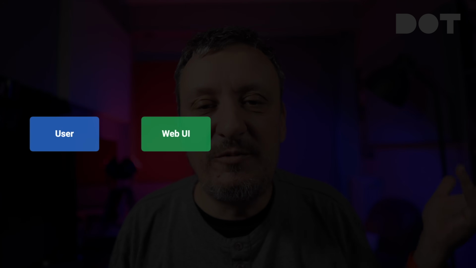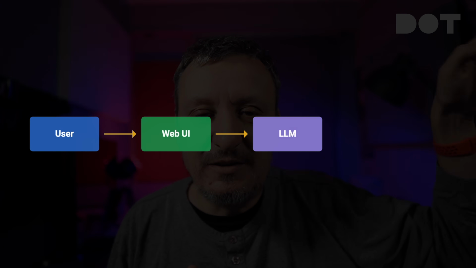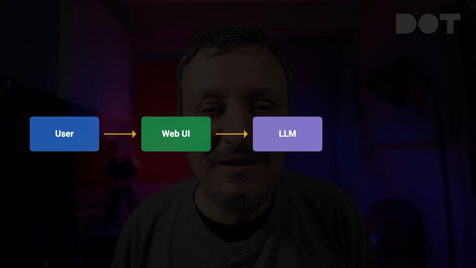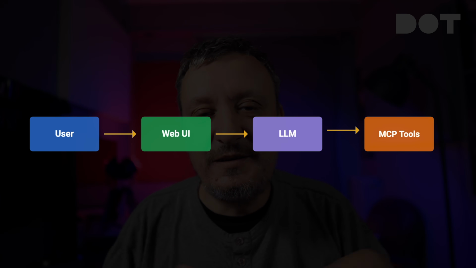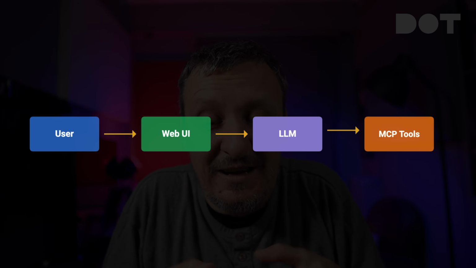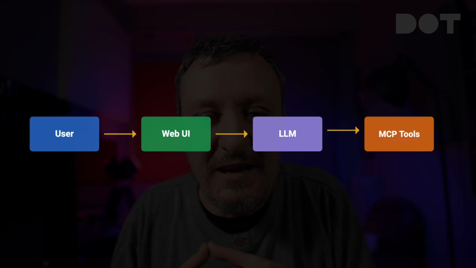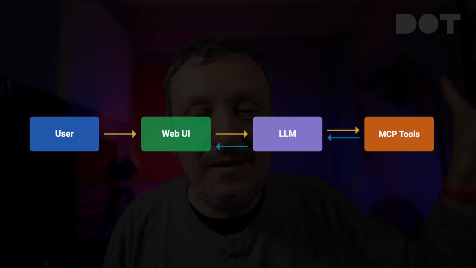So here's the flow. A user types a query into the web UI. The UI sends that request to the LLM, to the agent. The LLM reasons about what it needs and calls MCP tools like Cube Control and Vector Search and others to gather data, right? Once it has everything, the LLM decides which visualization patterns fit the data and returns structured data with type hints back to the web UI.